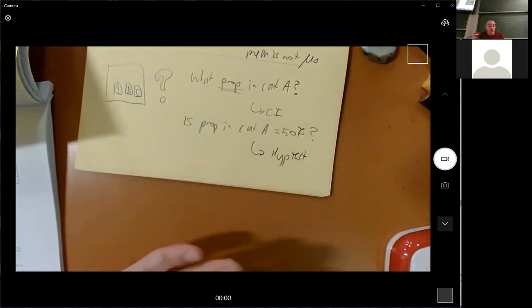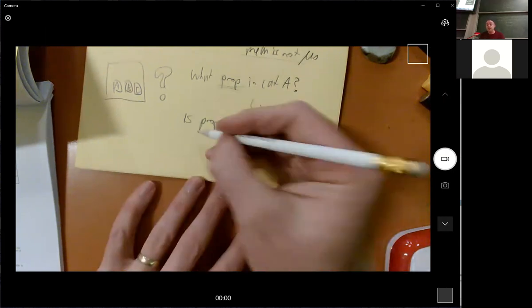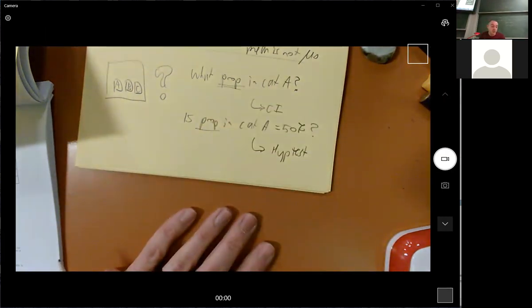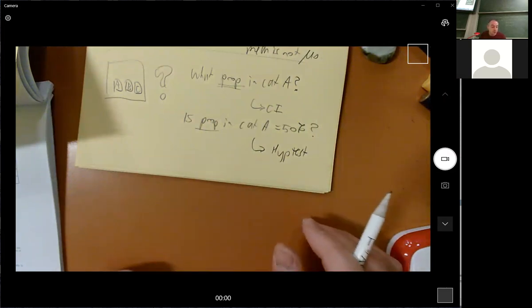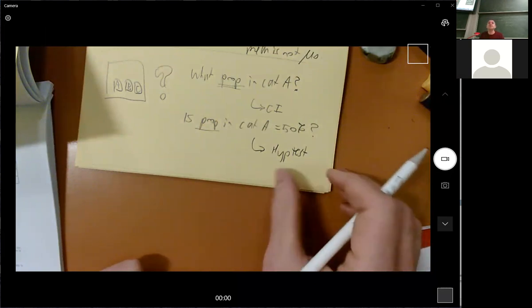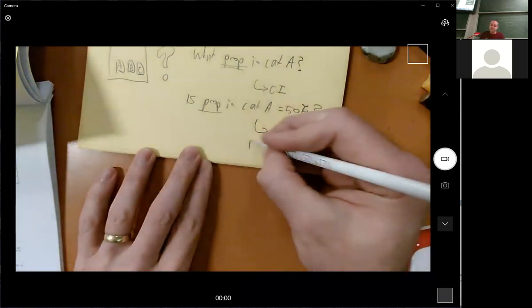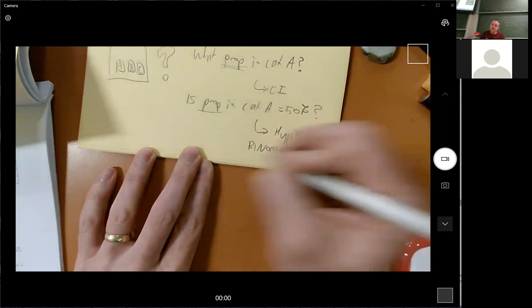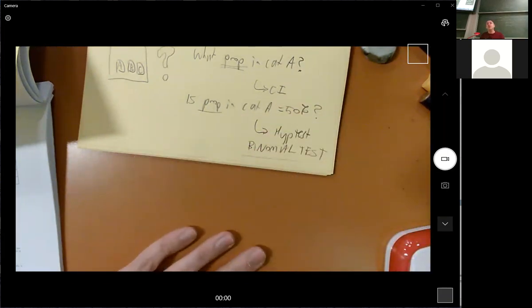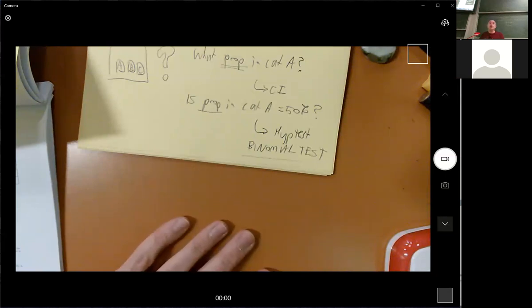And that hypothesis test is concerning a proportion. And you have a hypothesis test for proportions. It's called the binomial test. And the reason it's called binomial is because there's two answers for every individual. They are in category A or they are not.